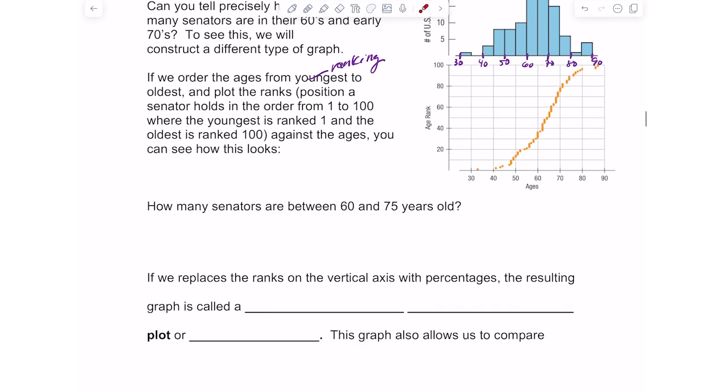How many senators are between 60 and 75 years old? Okay. So one way to do this is to pause the video, take a look at the graph, and then unpause when you're ready so you can get a clear picture of it. And then we'll kind of talk about it.